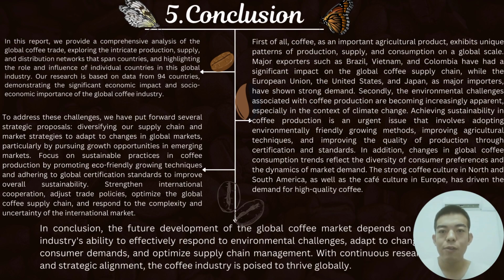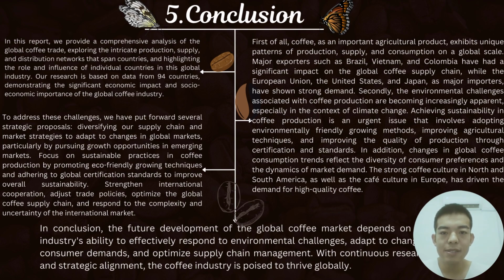In this report, our research based on data from 94 countries shows the significant economic impact and socio-economic importance of the global coffee industry. We provide a comprehensive analysis of the global coffee trade, exploring the complex production, supply, and distribution network that spans countries and highlighting the role and impact of individual countries in this global industry.